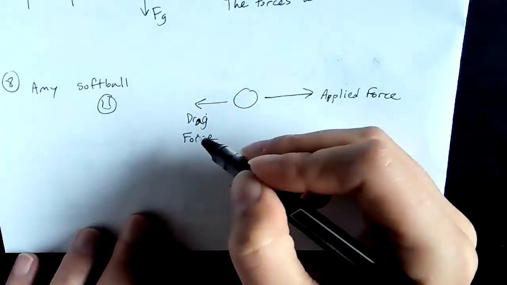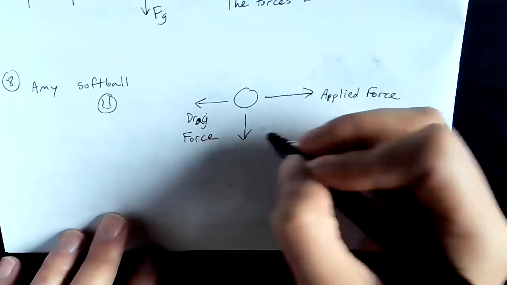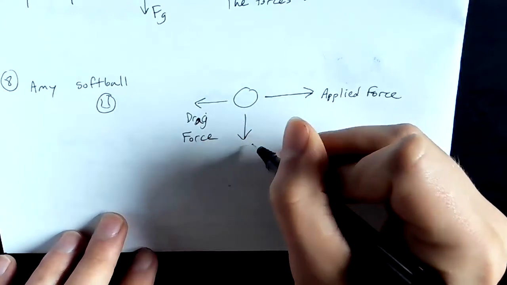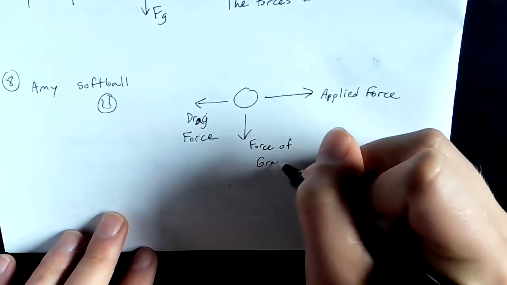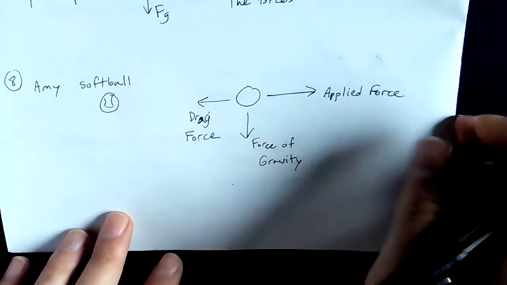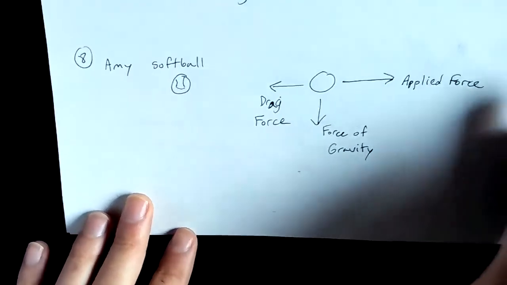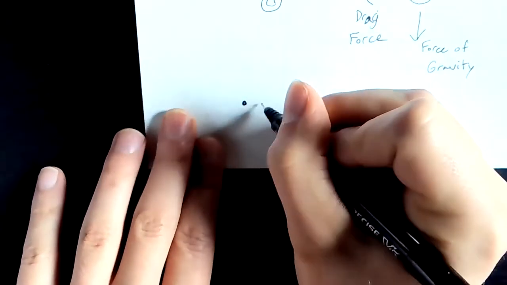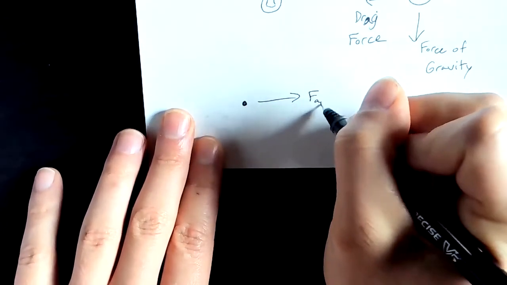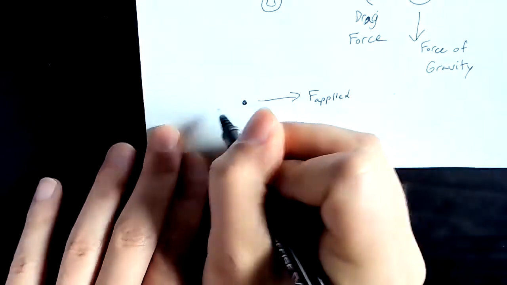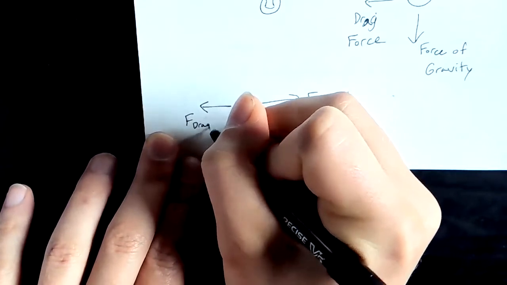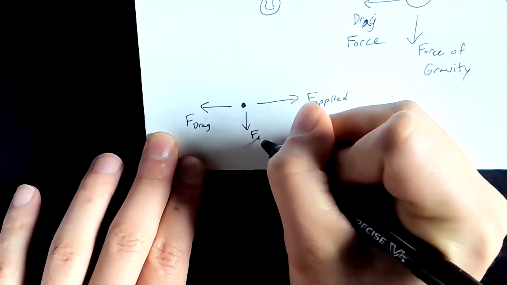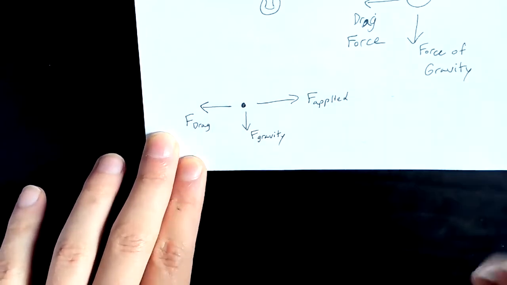There's applied force, a drag force, and then also the force of gravity. So another way to draw that out: F applied, F due to drag, F gravity.